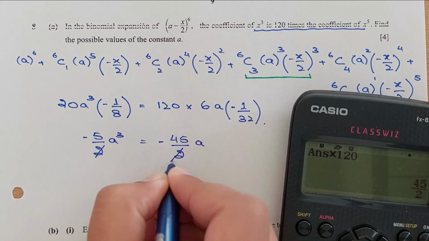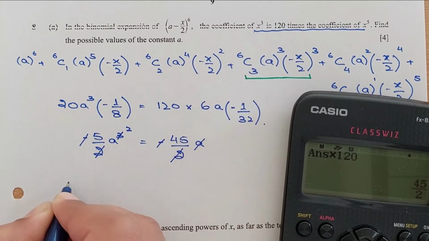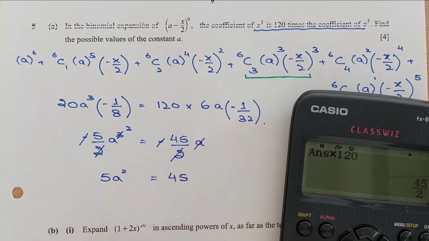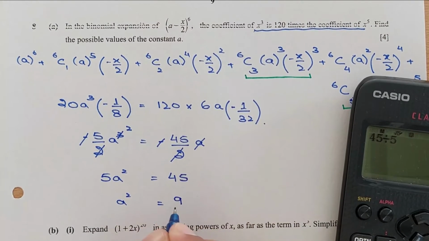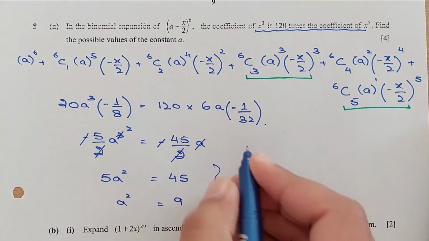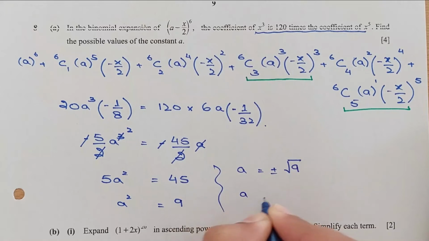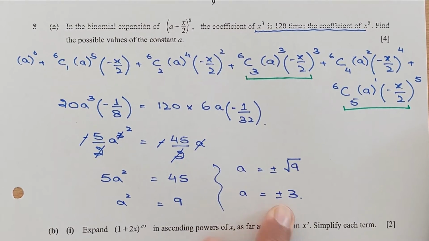We can cancel the 2a with this a square, and cancel the negative signs, right? So 5a square equals 45. So what is a square? A square is 45 divided by 5. This is 9. And to get the value of a, a is equal to plus minus square root of 9, so a is equal to plus minus 3. So these are the possible values of constant a.